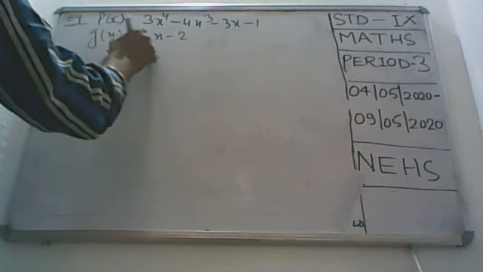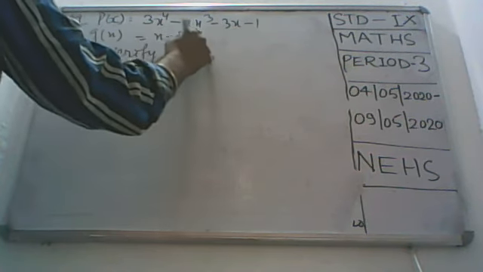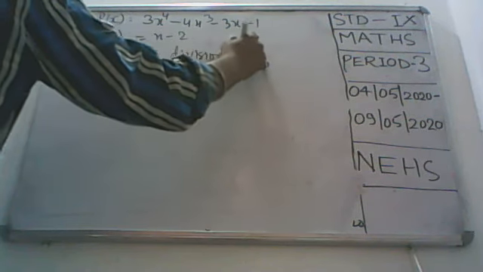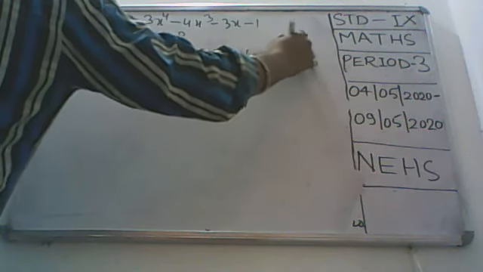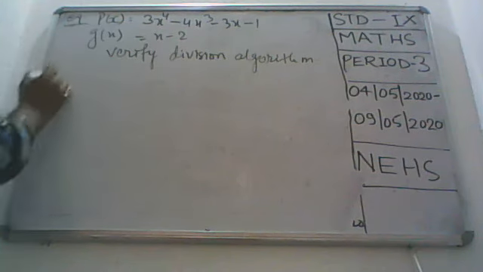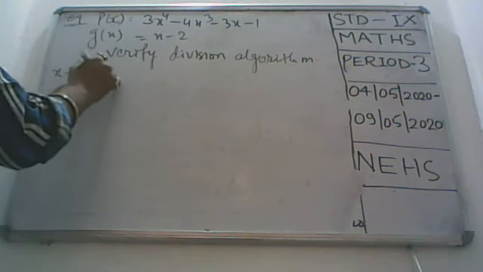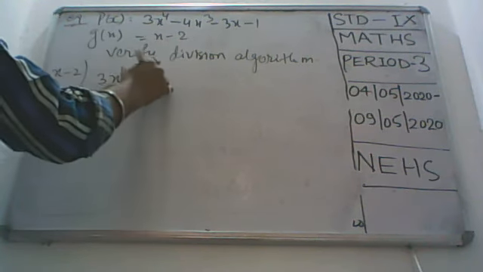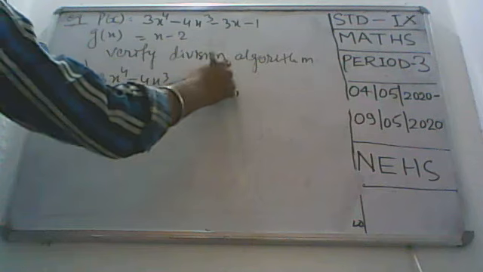Then they are saying verify the division algorithm. So what I will do is divide this Px by Gx, that means x minus 2 will divide 3x to the power 4 minus 4x cube minus 3x minus 1.